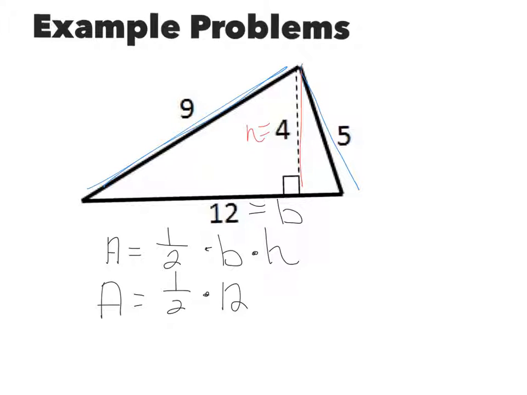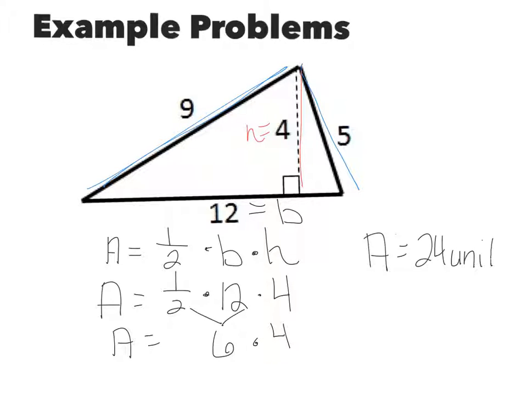So we have our base is 12 times 4. Once again, the order does not matter. So 1/2 times 12 is 6, and so we have 6 times 4 left over, which gives me 24, and if there's no label, we just write units squared.